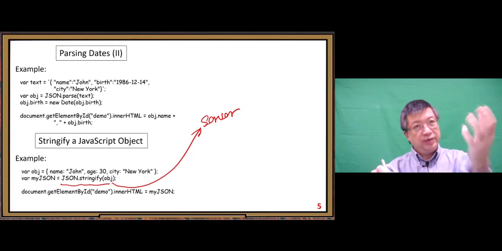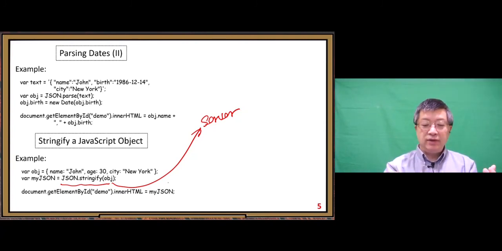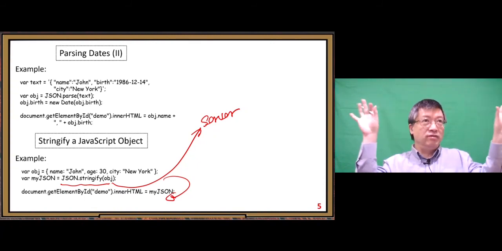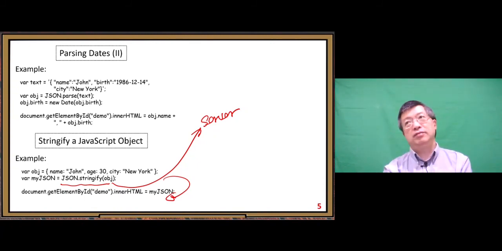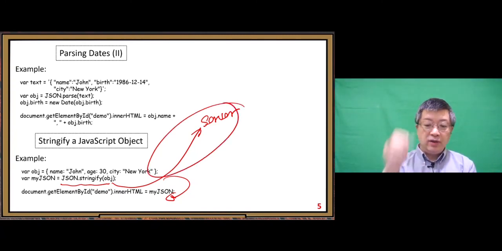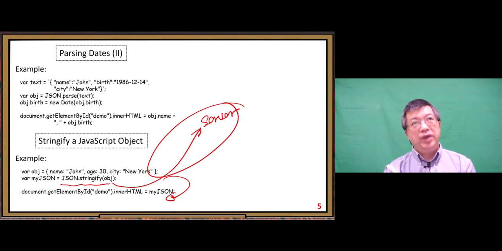But here, in this example, it just displays a string, so you can see the concrete string in JSON format. Most of the time we need to send it to a server-side program.